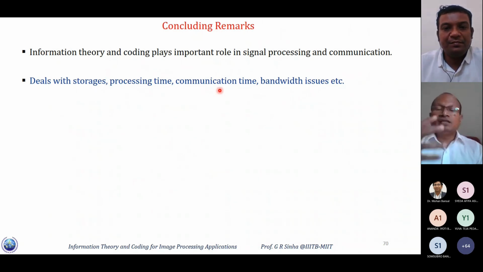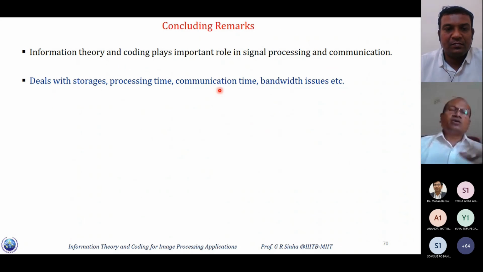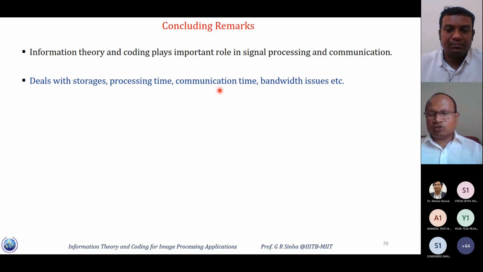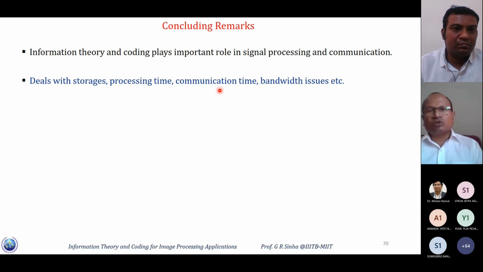Especially in data communication or digital data processing, bandwidth efficiency is also obtained, because when you are transmitting, say, 100 images and the images are of large dimension, it will use more bandwidth and more channel capacity. So that efficiency is also obtained.